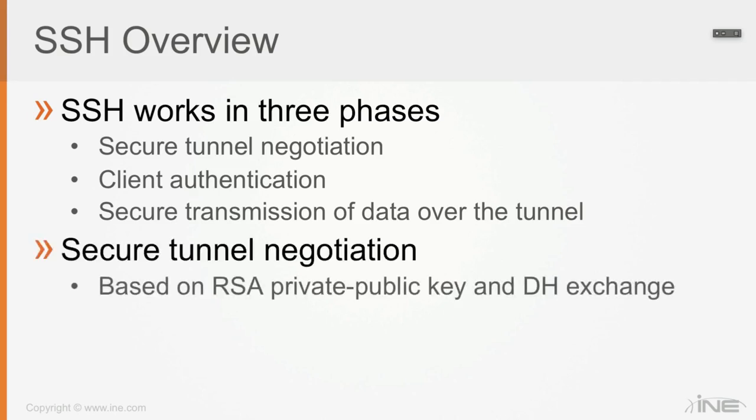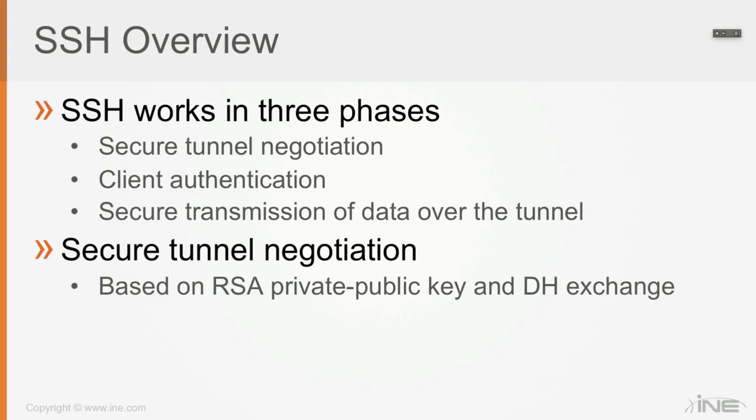Now, secure tunnel negotiation happens based on RSA private-public key pairs and Diffie-Hellman exchange. It's a bit similar to an IPsec tunnel being negotiated, but it's another kind of negotiation because it has a different scope and it's a different protocol, which is SSH.